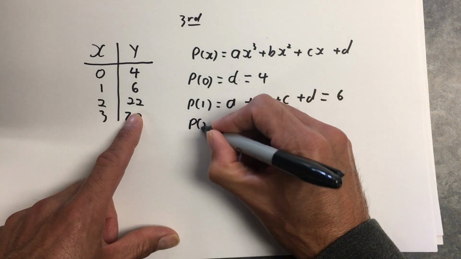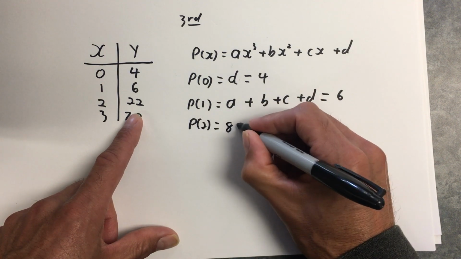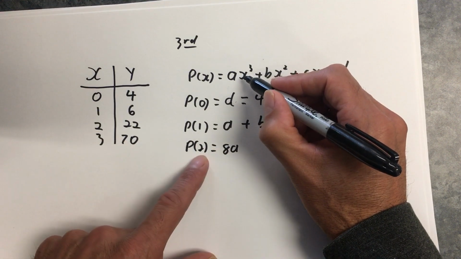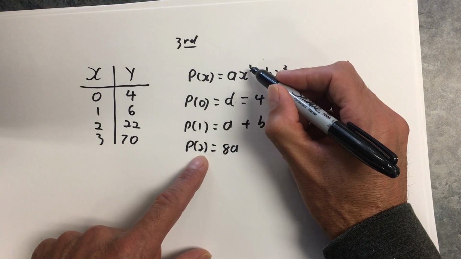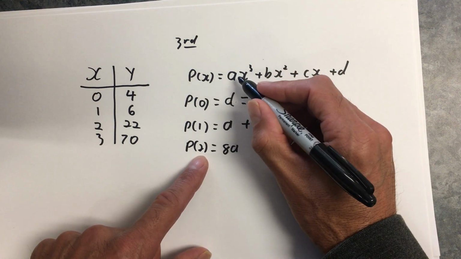Our polynomial at 2 is going to give us 8a. Now why is that an 8? If the x value is 2, 2 cubed is 8, and x cubed is what's being multiplied by a.